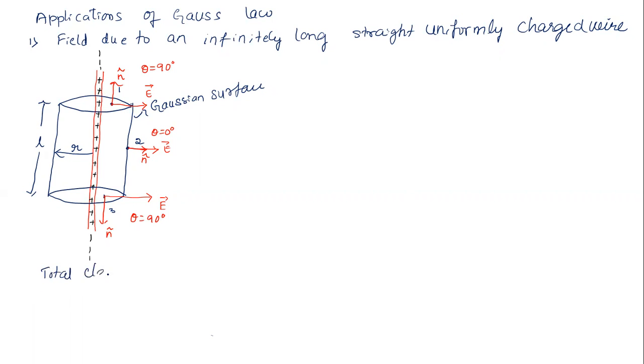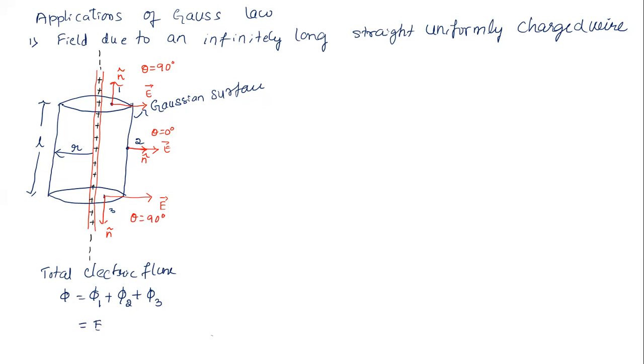Total electric flux, phi, equals electric flux at location 1 plus electric flux at location 2 plus electric flux at location 3. Now I'm going to insert the values one by one. Electric flux at location 1 is E into the surface area.